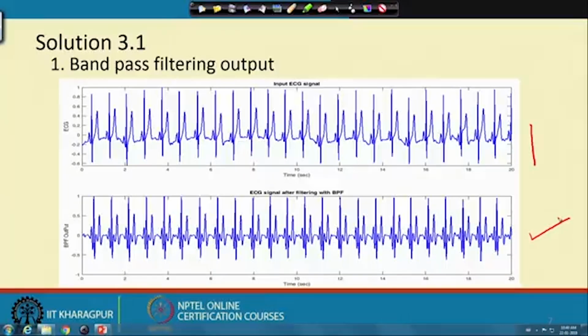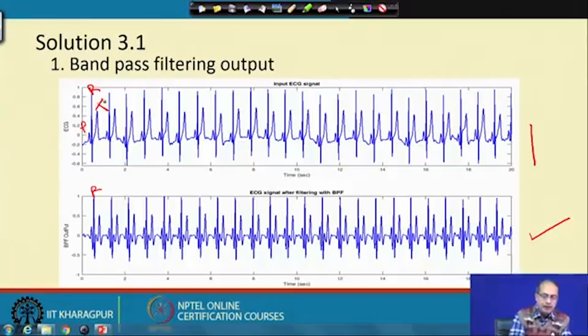What we notice in the band pass filter output, compared to the R value, here was the R, here was the P, here was the Q. Out of that, sorry, the last one, no, this is not the Q, this one would be the T signal. Okay. So, this T signal is the nearest to the R.